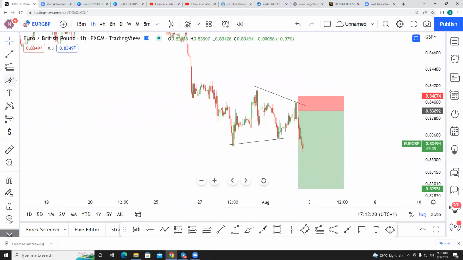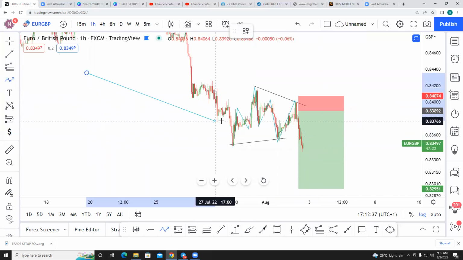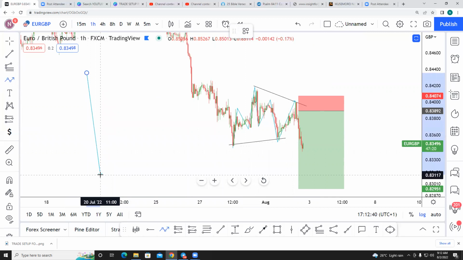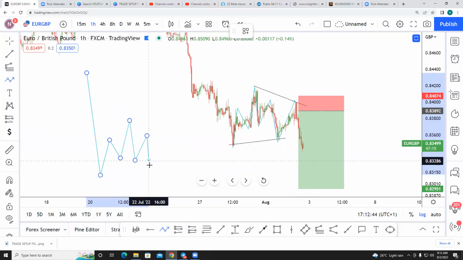And what's the confirmation? I'm going to show you now. Can you see that here in the correction, you have a three-wave structure to the upside, you have a three-wave structure to the downside, and you have a boom. This is an impulse. So if I have to do the schematic of what I've just showed you here, you have an impulse to the downside, you have a three-wave structure to the upside, you have another three-wave structure to the downside, and this three-wave structure to the downside could not break this low, and then you have an impulse here which could not get to this top.